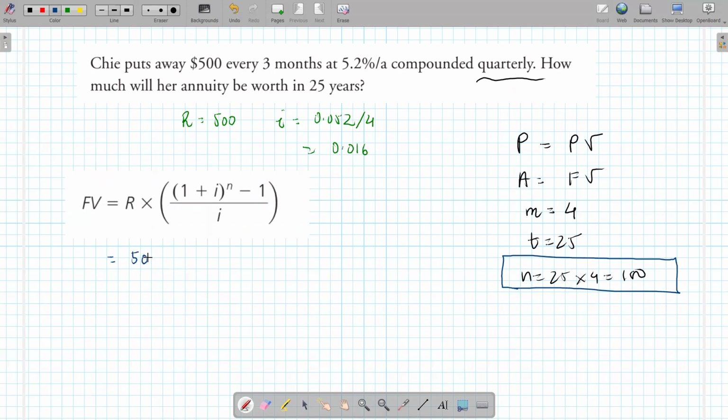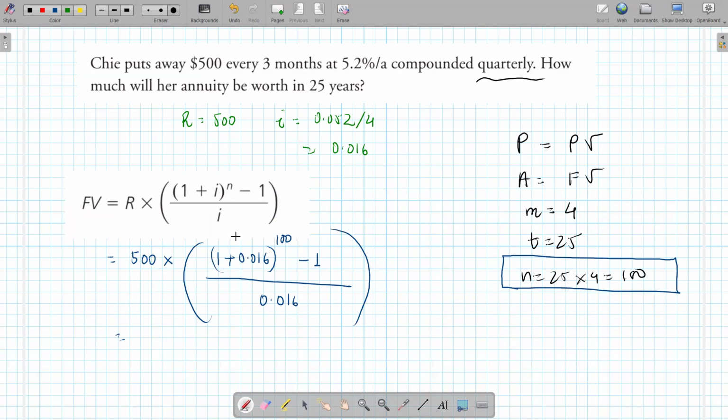So R is 500 times 1 plus I, so that's going to be 1 plus 0.016 to the power of n, which is 100, minus 1 divided by 0.016, like this. And this will give us the future value if you deposit 500 every month. Oh, sorry, every 3 months.